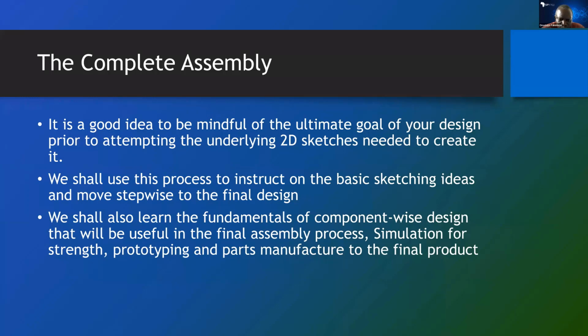We will use this process to instruct on the basic sketching ideas and move stepwise to the final design. We shall also learn the fundamentals of component-wise design that will be useful in the final assembly process. It will also be useful in the simulation for strength, for prototyping, and parts manufacture to the final product.